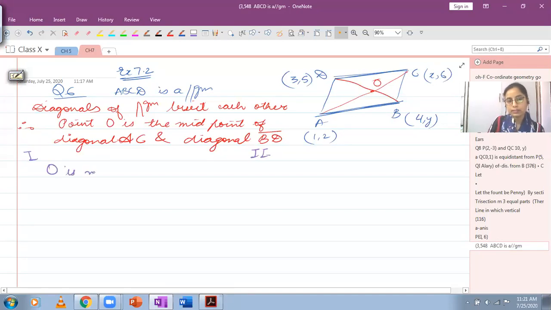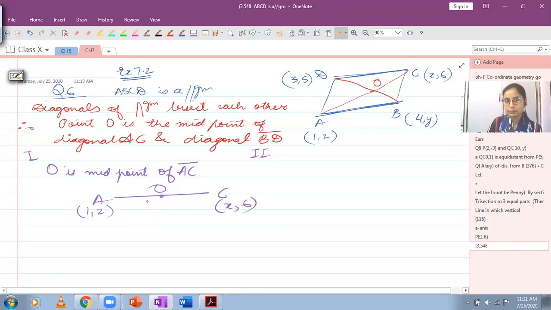So O is midpoint of AC. So let's look at AC. The coordinates of A are 1, 2, and the coordinates of C are these.